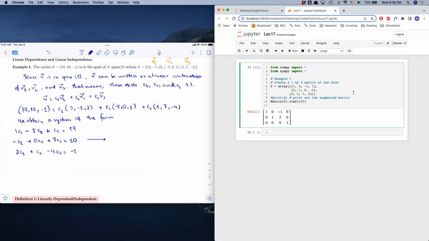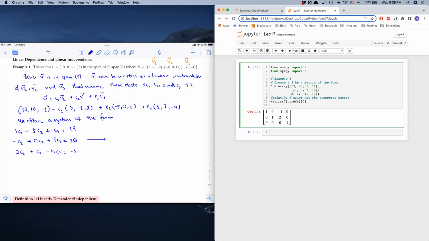The augmented matrix of the system is 3, -5, 1, 19 in the first row. In the second row, we have -1, 0, 7, and 10. In the last row, we have 2, 1, -4, and -1.